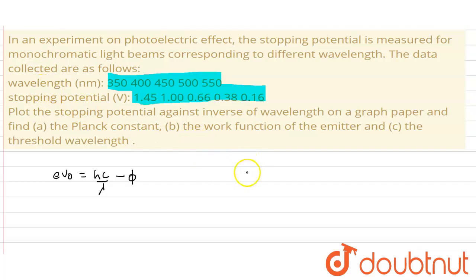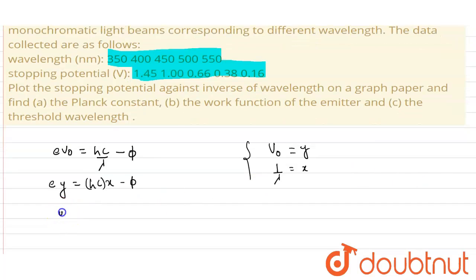So let us suppose that our stopping potential is y and our inverse of the wavelength is x. Okay, so from the equation what we see is e times y equals hc x minus phi. Correct? Or what we can say is y equals hc upon e times x minus phi upon e.